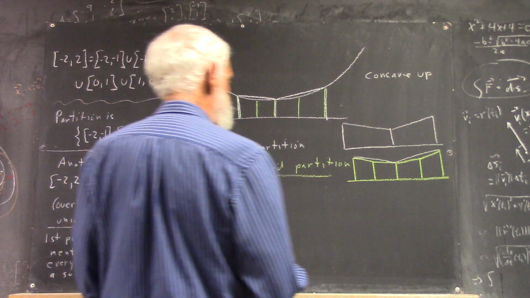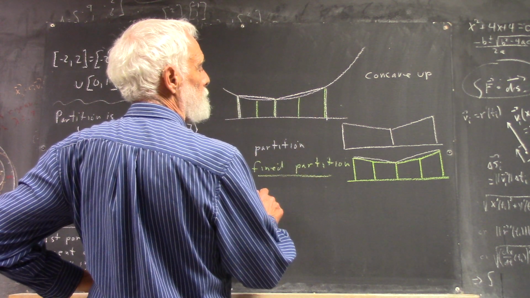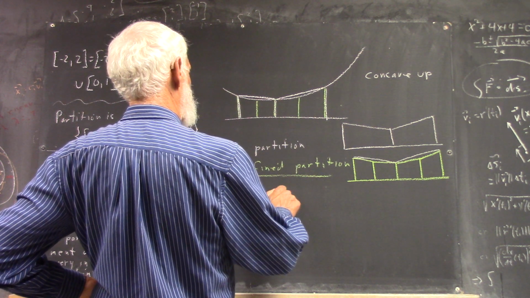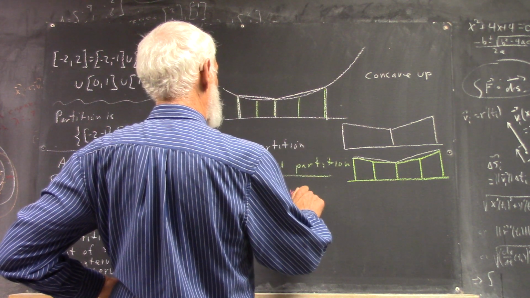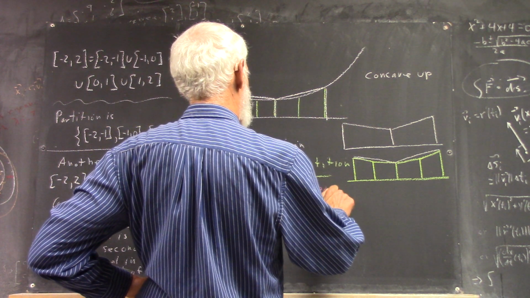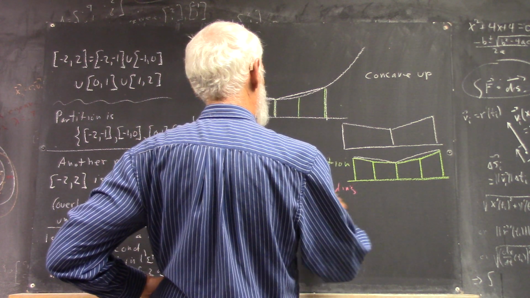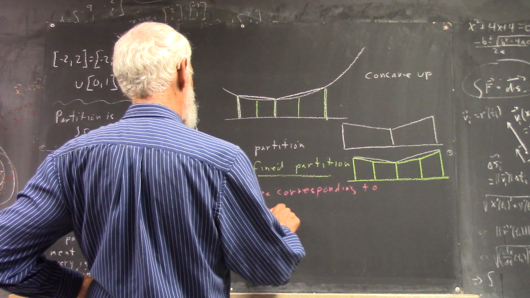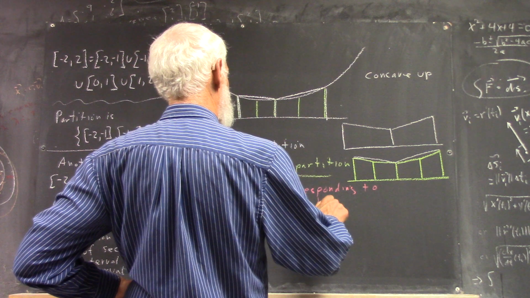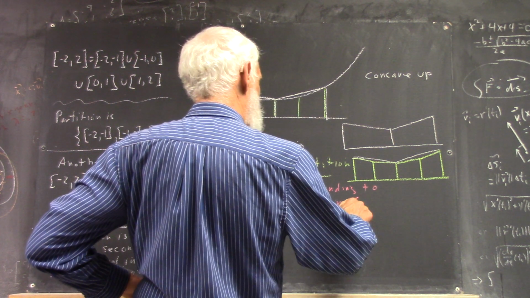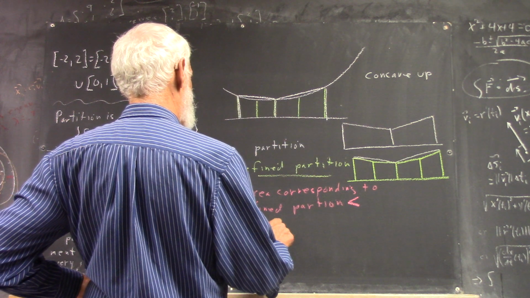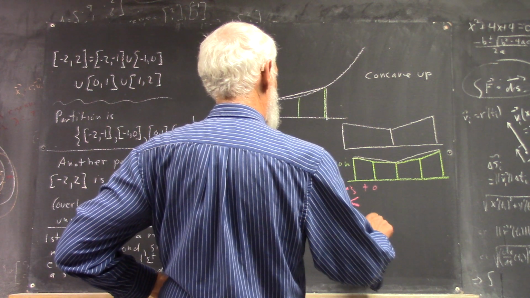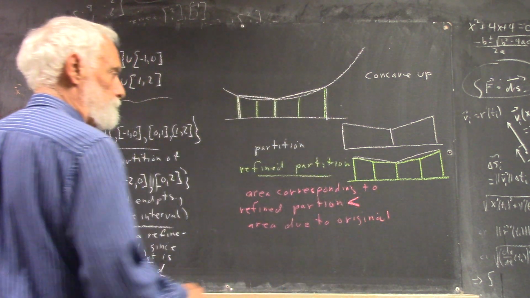So we conclude that the area corresponding to the refined partition is less than the area due to the original. Okay?